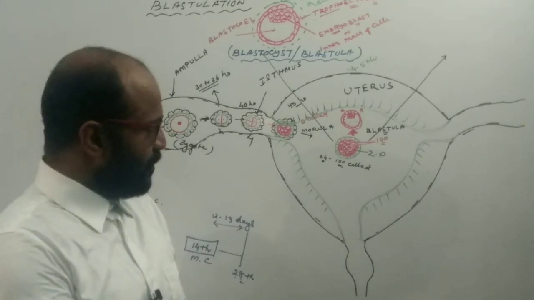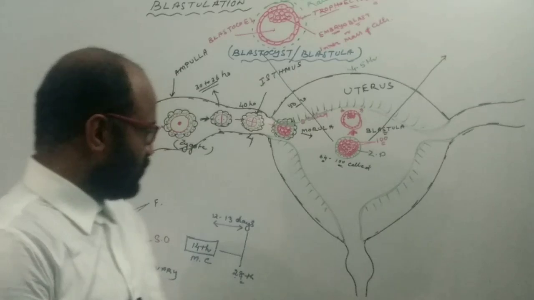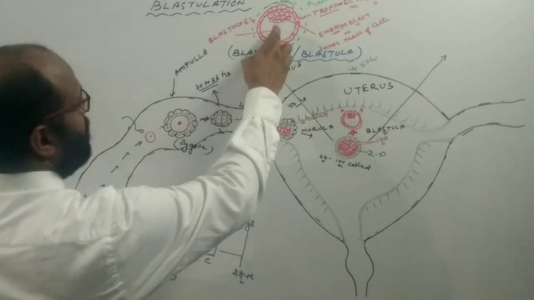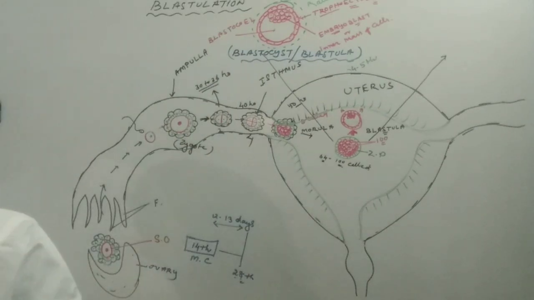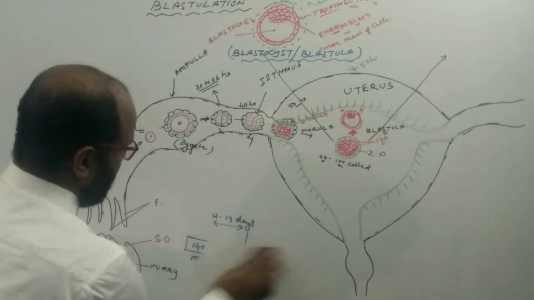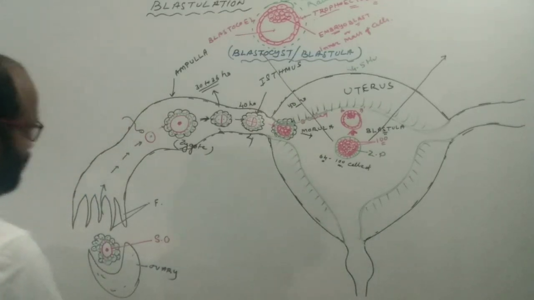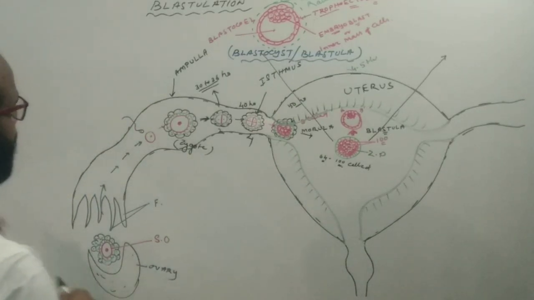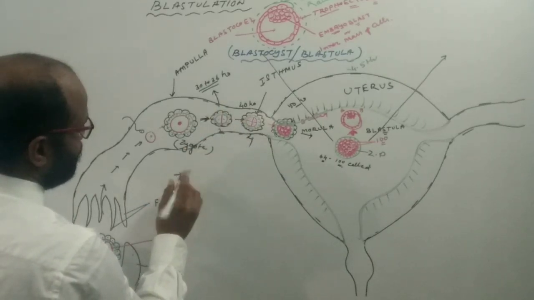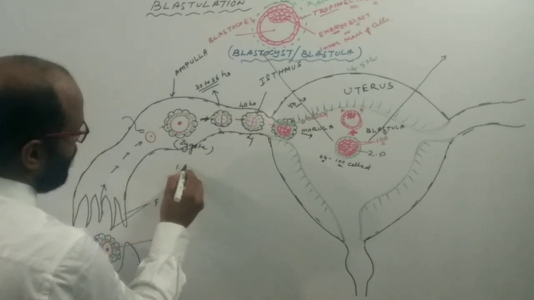Now come to the different types of blastula. On the basis of different criteria, there are several types of blastocyst or blastula. The first one is the stereoblastula.